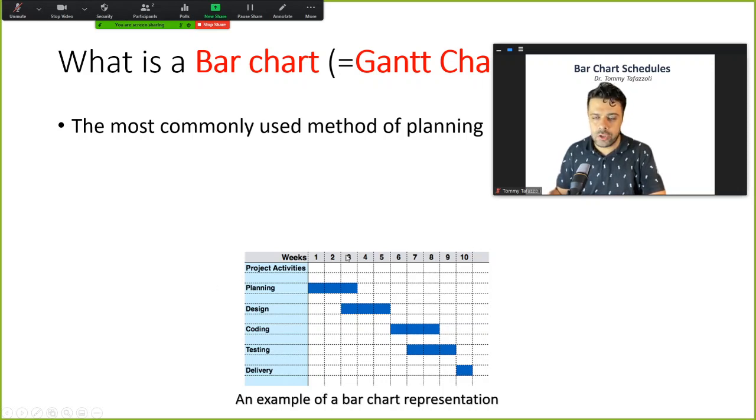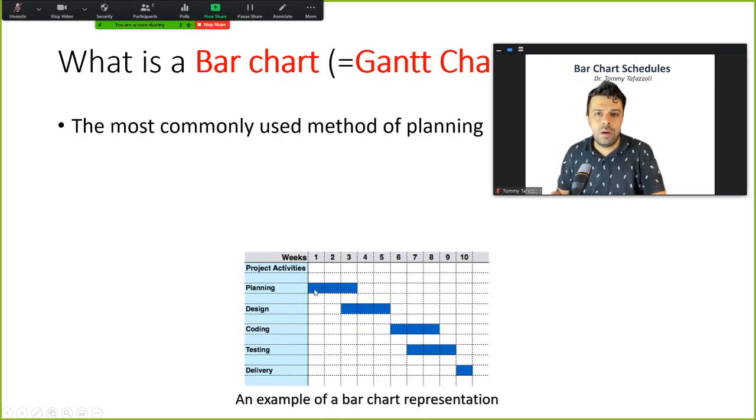So days are shown on the x-axis and the activities are shown on the y-axis, starting with the first activity on top, and then other activities will proceed to bottom. So the order we set them is from top to bottom, and time-wise they're from left to right, okay.